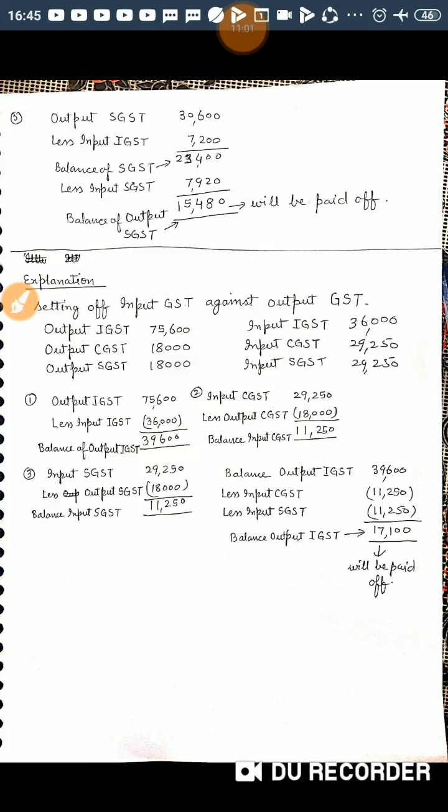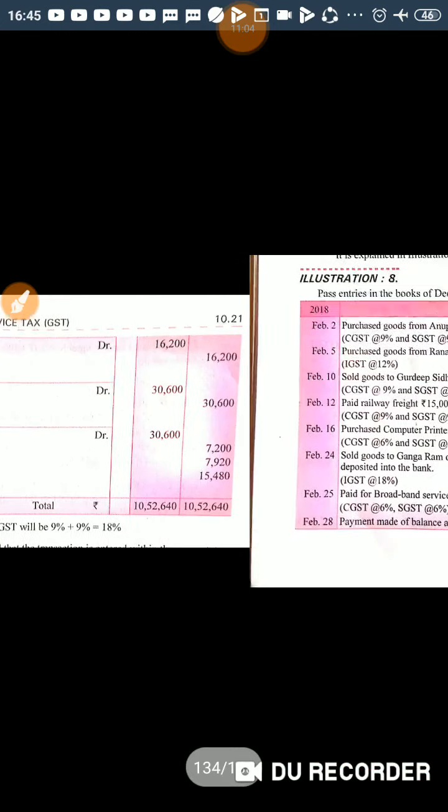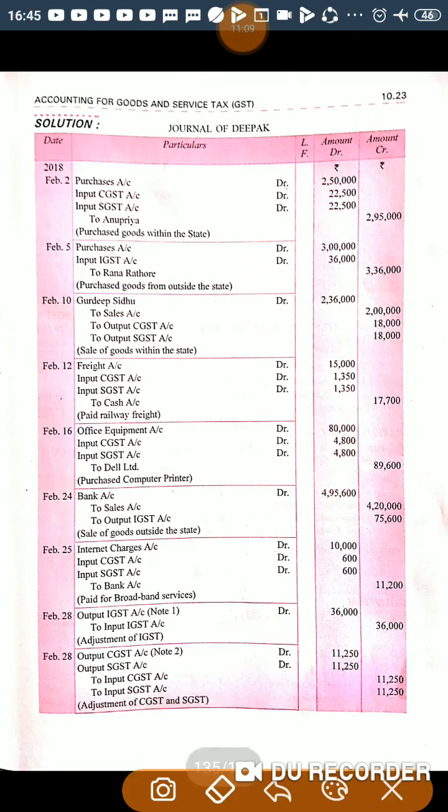So first, a journal entry will be passed for writing off input IGST against output IGST. Output IGST account debited to input IGST 36,000.